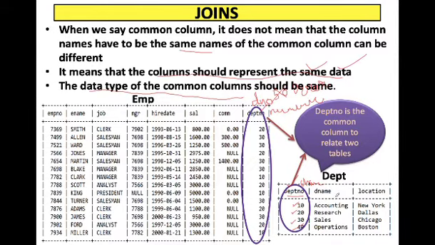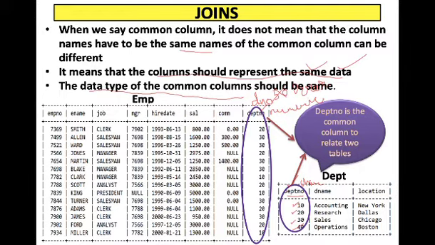It should not happen that this dept number has data type varchar and this has a numeric data type. So the data type should be the same. So in the end we conclude that the common column which is used to join multiple tables to extract data from multiple tables should have the same data type, the same type of data and the same data, but can have different names.